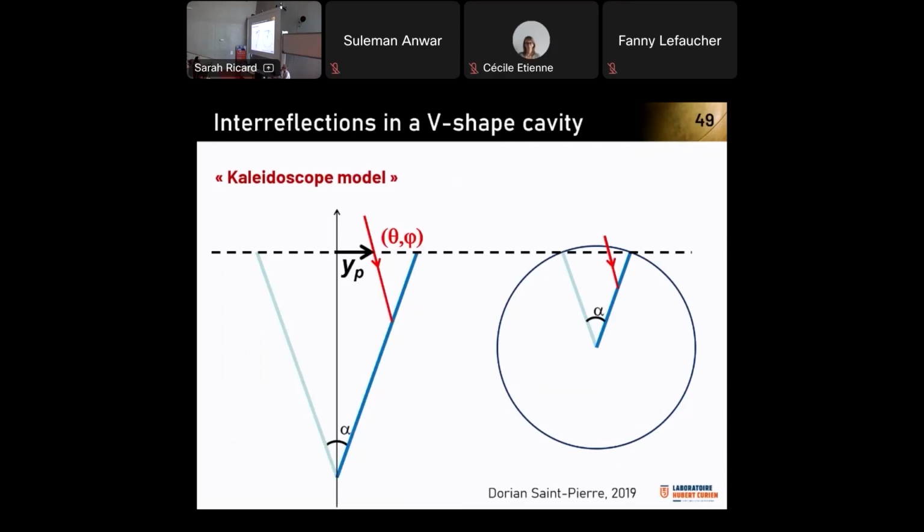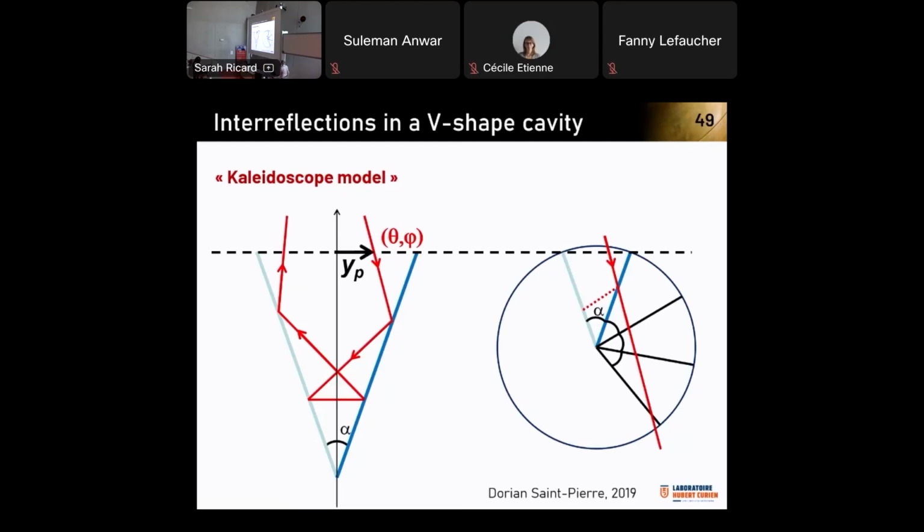And if we look from far, we will see the average between all that. Yes, so this is something that we worked on a few years with Dorian Sapin, a PhD student that we co-supervised. And we try to model the multiple reflections of the light in the cavity. And there is a very convenient way to represent that, thanks to the mirror symmetry.